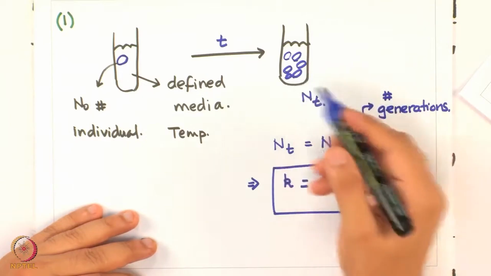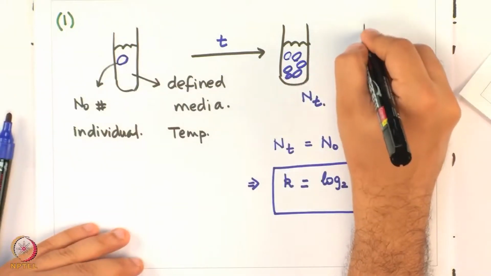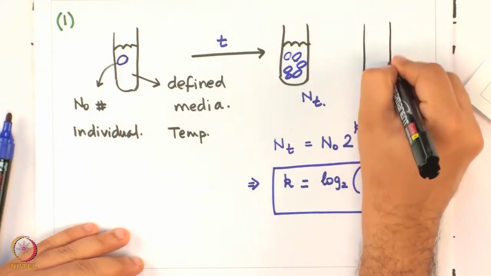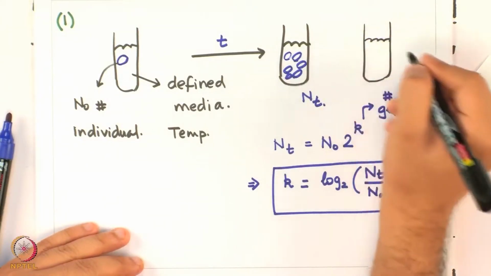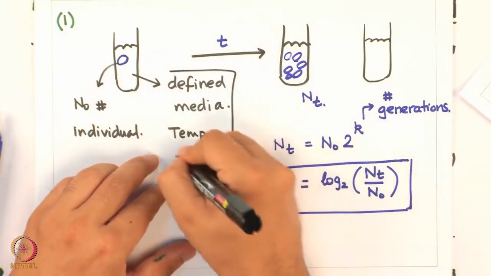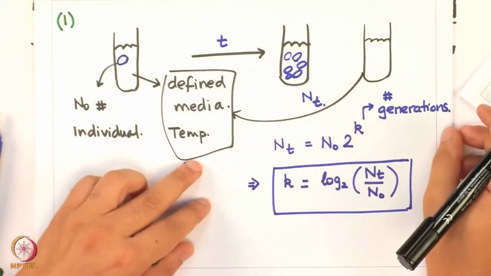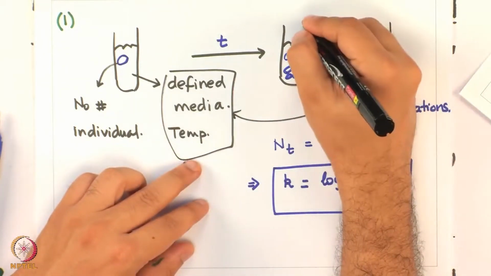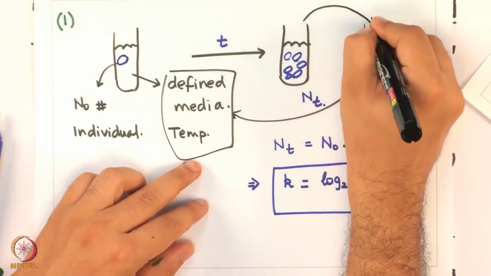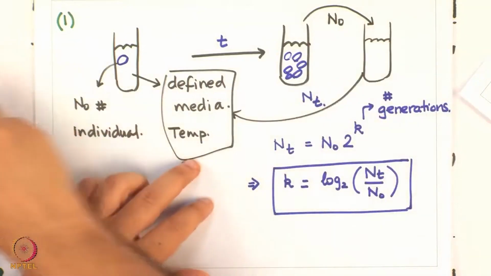And what you do after time t in this type of evolutionary experiments is that you prepare an identical tube to what you started with. So, this tube here has the exact same conditions as what you started with for the first tube, and out of these Nt individuals you randomly select N0 individuals and transfer to the new tube.